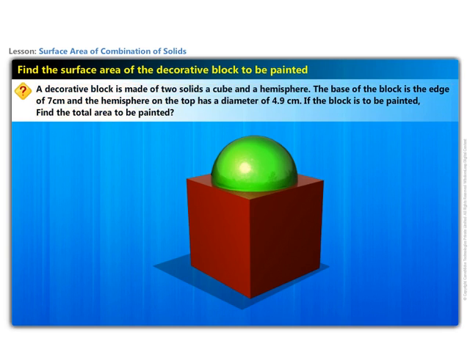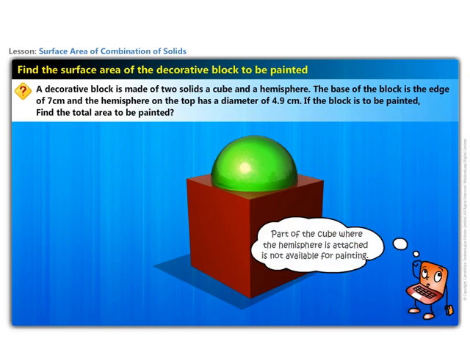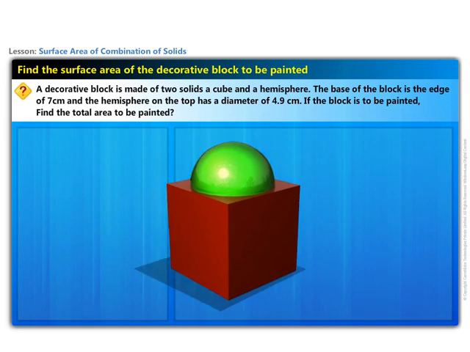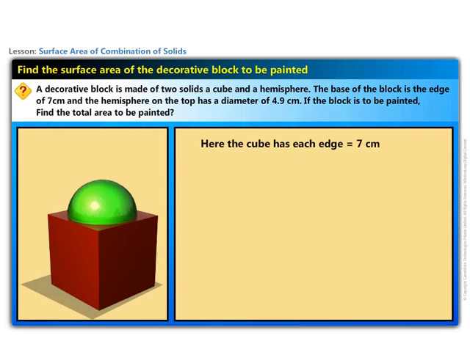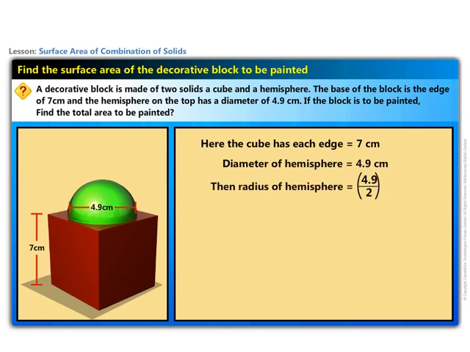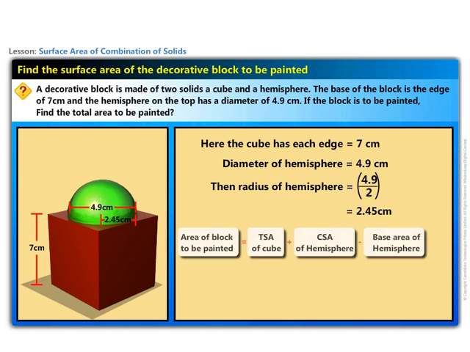The decorative block is made up of two solids, a cube and a hemisphere. Part of the cube where the hemisphere is attached is not available for painting. It is given that the cube has an edge of 7 centimeters. The diameter of the hemisphere is 4.9 centimeters. So the radius of the hemisphere, which is half the diameter, is equal to 2.45 centimeters.